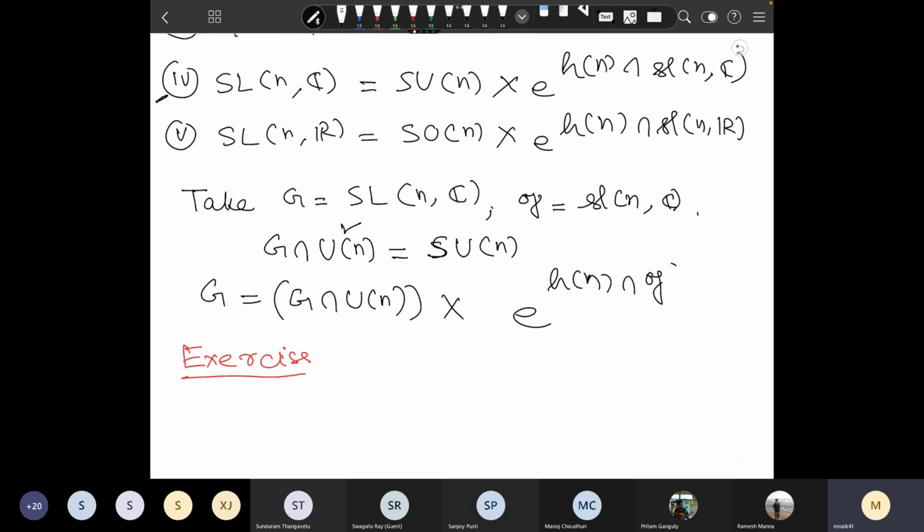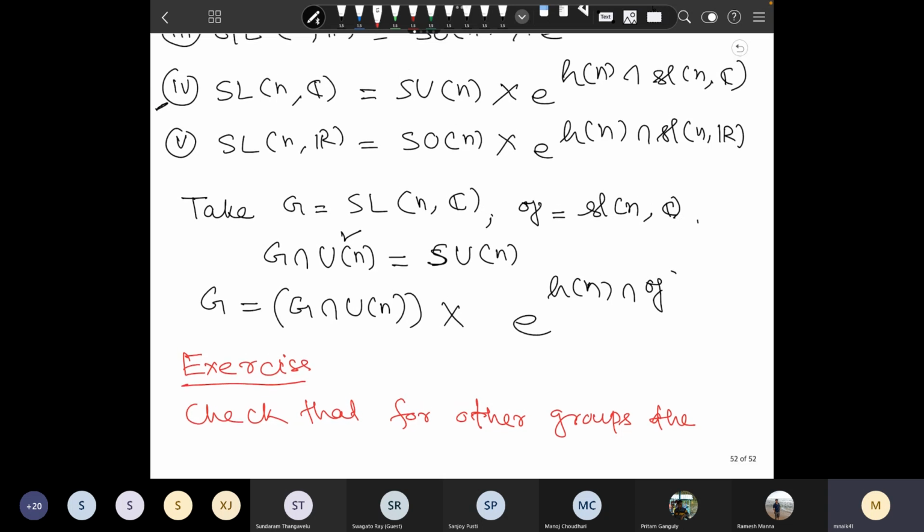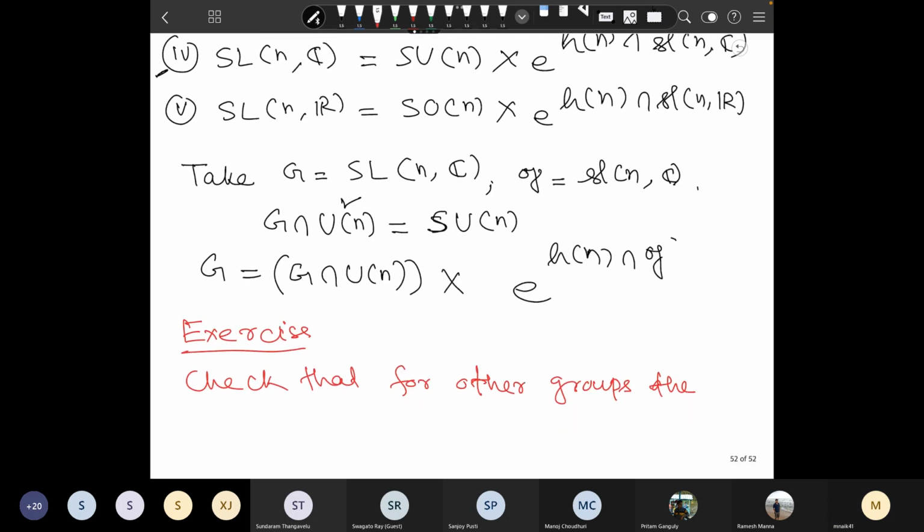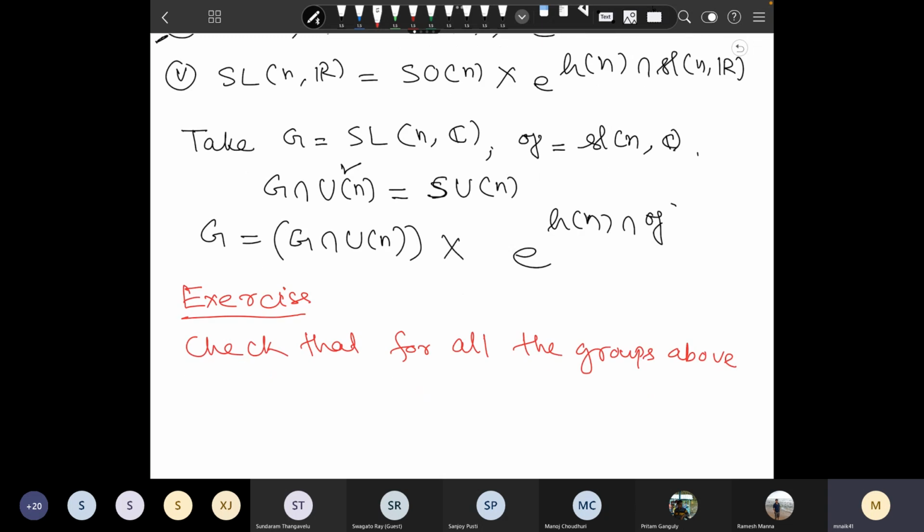Check that for other groups, the polar decomposition means this holds for all the groups above.